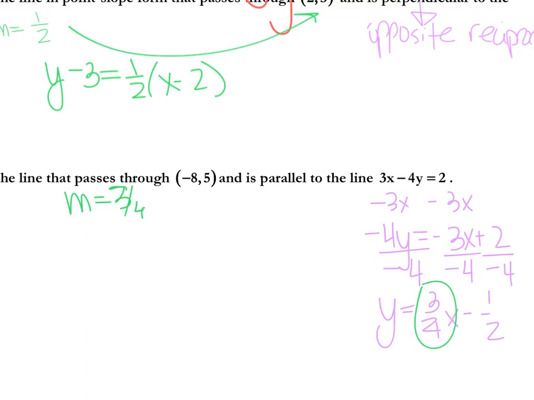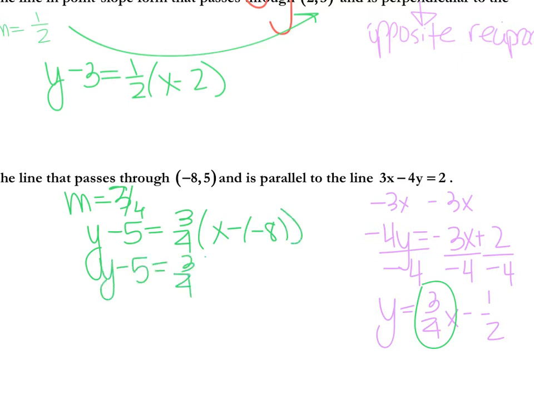Then from here, if we want to go to slope-intercept form, we have to start with point-slope first. So y minus 5 equals 3/4 (x minus a negative 8). So we have y minus 5 equals 3/4 (x plus 8). That would be considered the simplified version of point-slope form.